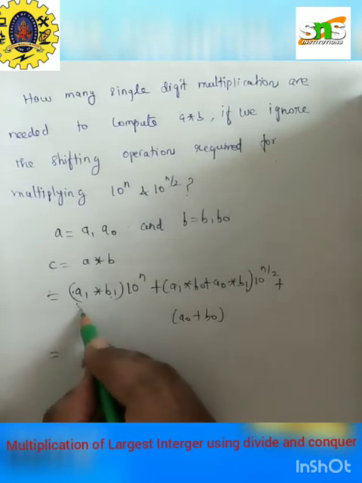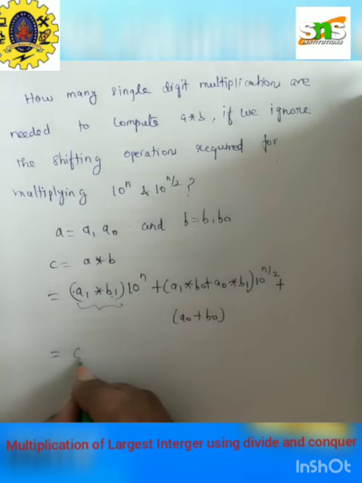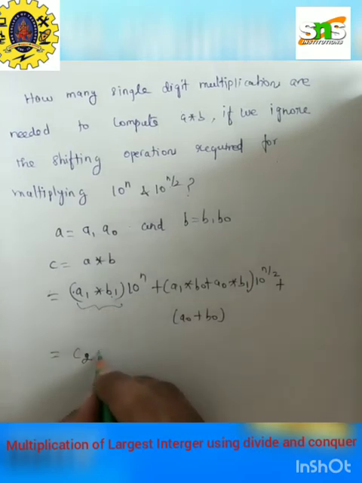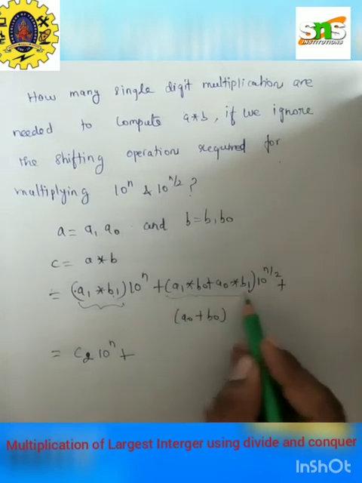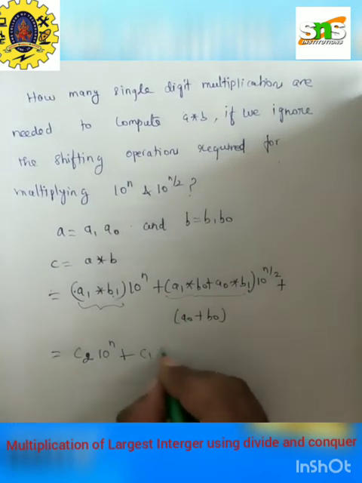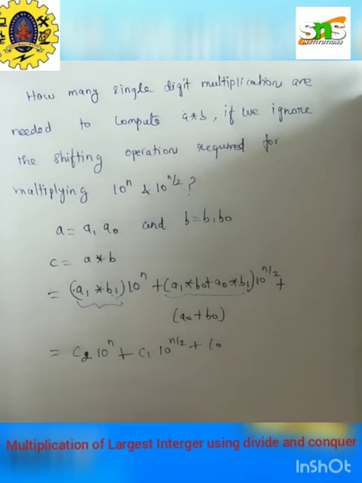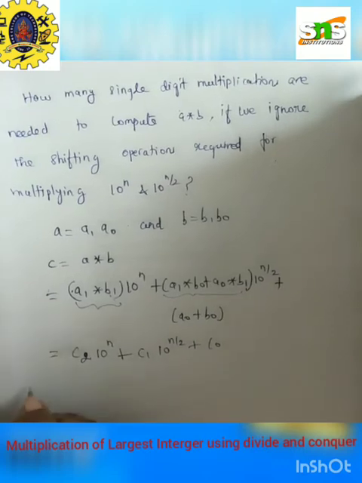This whole term will be written as C2, that is a1 star b1 will be written as C2 10 power n, plus this whole term will be written as C1 into 10 power n by 2 plus C0. Okay, so here we are going to write the description about this formula.